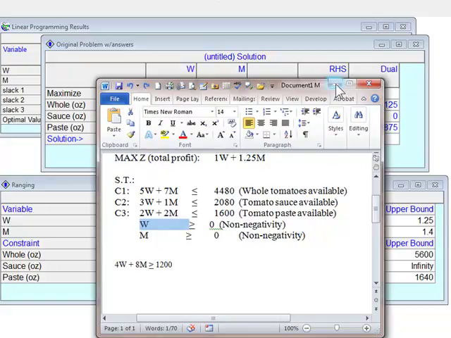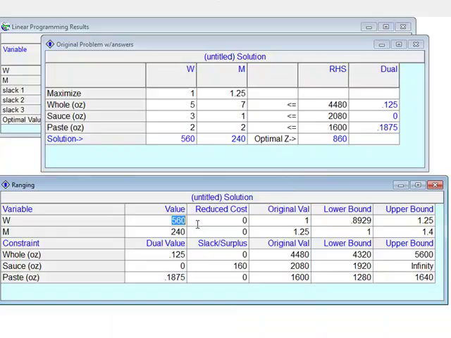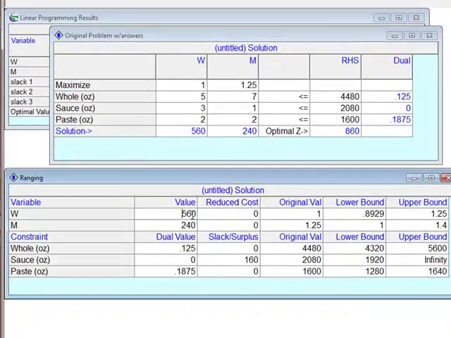So decision variables can be 0, but if they are positive in value, then their reduced cost would be 0. Now, reduced cost is just the terminology. It doesn't necessarily have anything to do with cost, regardless of what the decision variable is measuring. This column right here will always be called reduced cost.